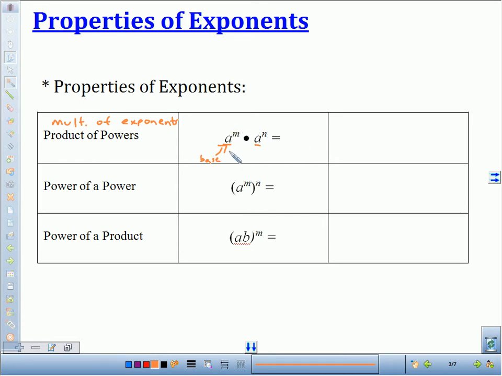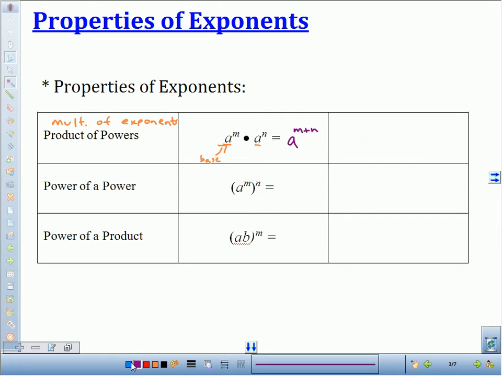If I have 2 numbers that I'm multiplying together and they have the same base, I'm going to add the exponents. So a to the m power times a to the nth power becomes a to the m plus n. So multiplying the terms resulted in adding the exponents.